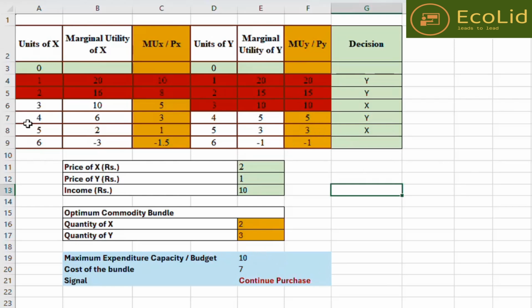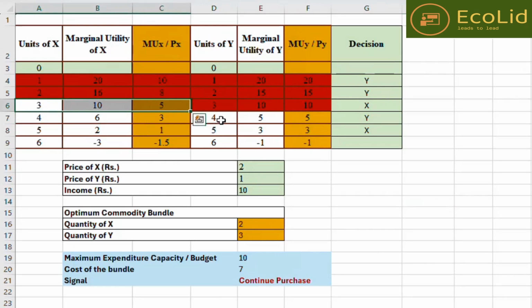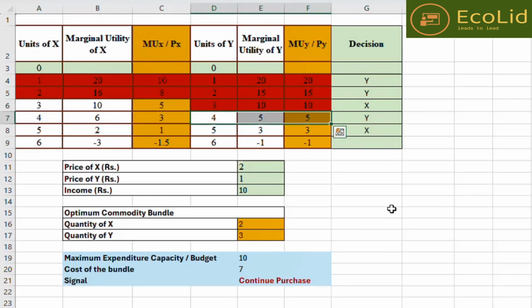So here we will continue the comparison again. Here the comparison will be between the third unit of x and the fourth unit of y. Remember, here again we reached a situation where both the marginal utilities are the same. So the consumer can buy any of these two. Let us write it as x for convenience.